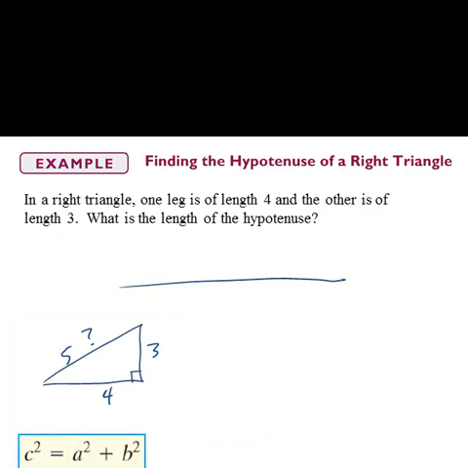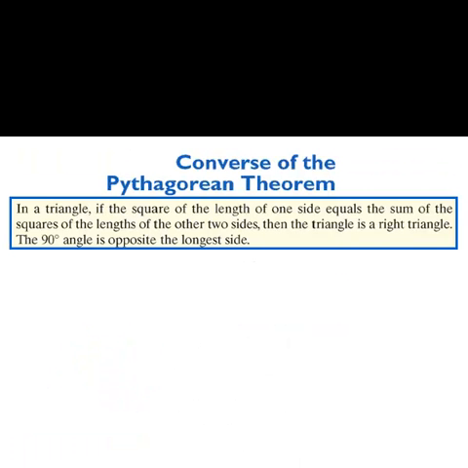Now, we could also take the converse of it, and it turns out to be true. That basically says that if that relationship exists between the 3 sides of a triangle, then that must mean that the triangle is a right triangle. Okay, that's basically what it says.